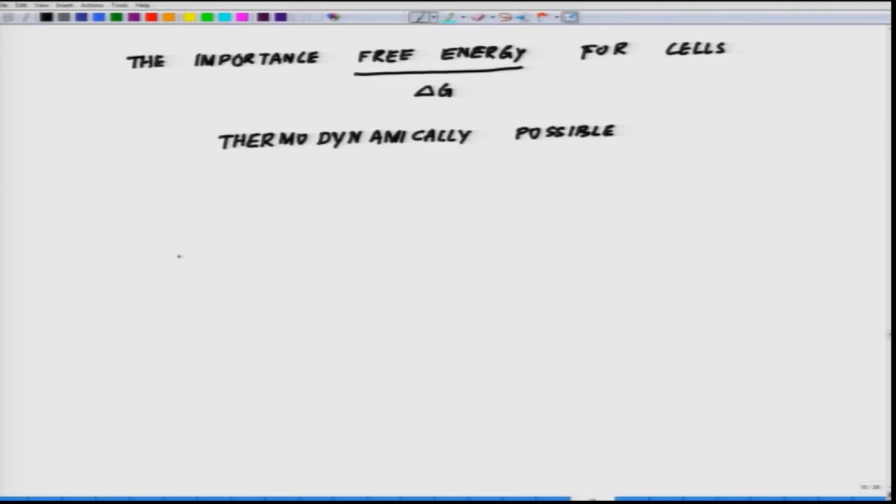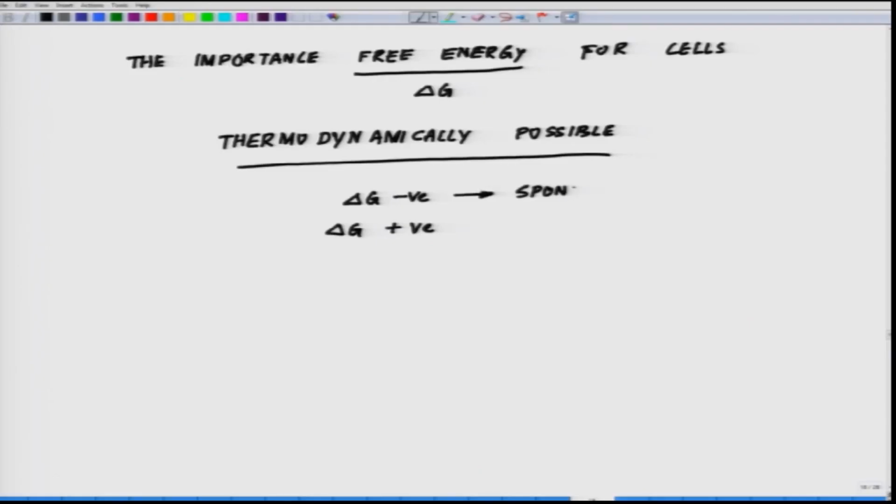The other way, as I told you, is that either delta G will be positive or delta G will be negative, and if it is negative, this is a spontaneous reaction, and if delta G is positive, you need energy input.